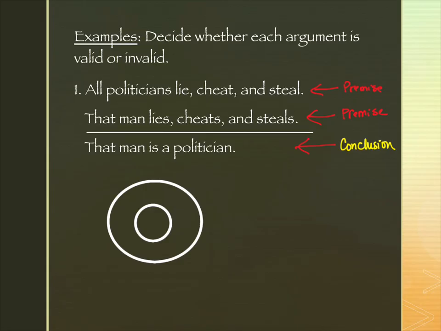It is politicians. What's the outside circle going to be? Yeah, and just to make it a little bit more defined, I'm going to say people who lie, cheat, steal.